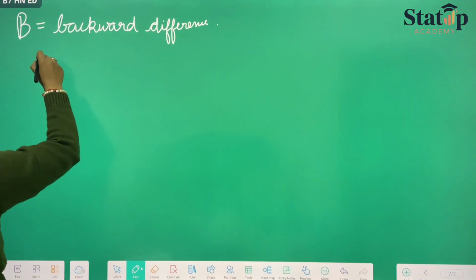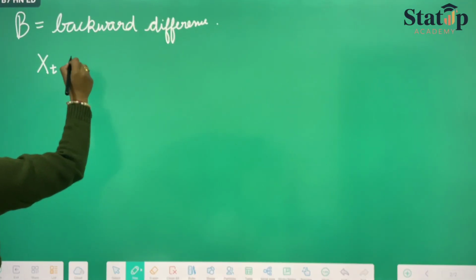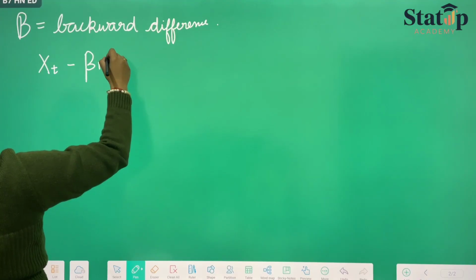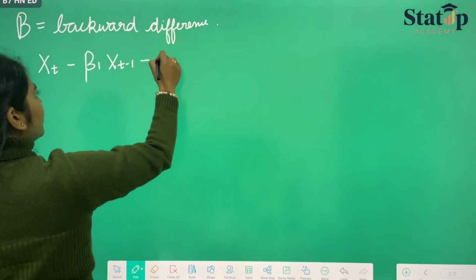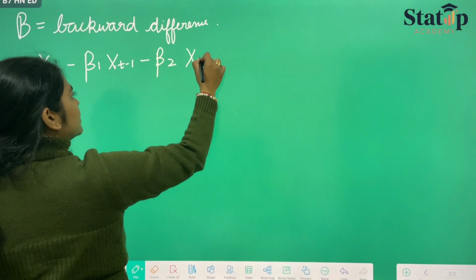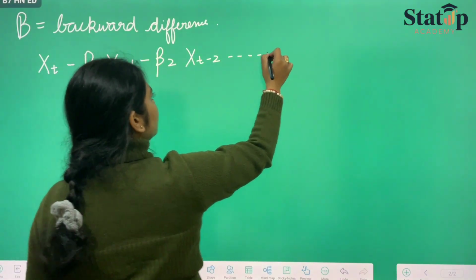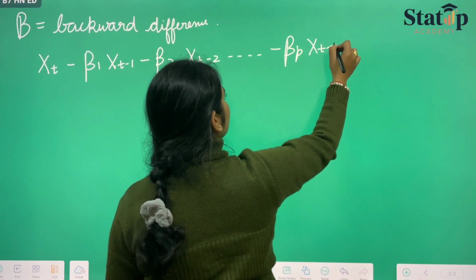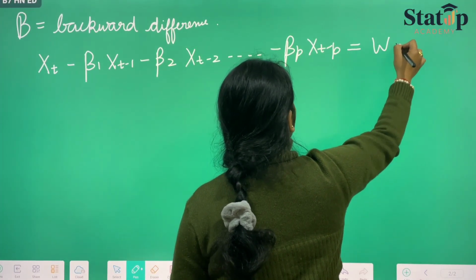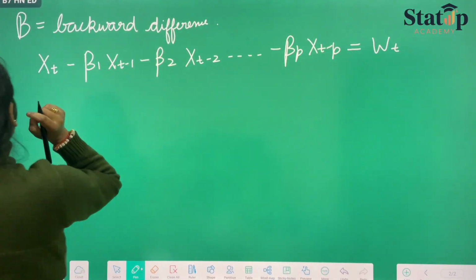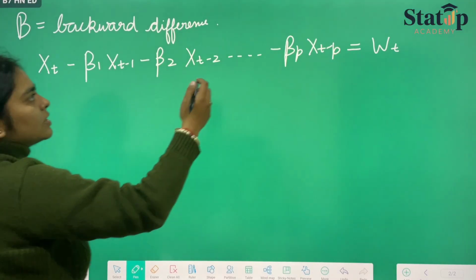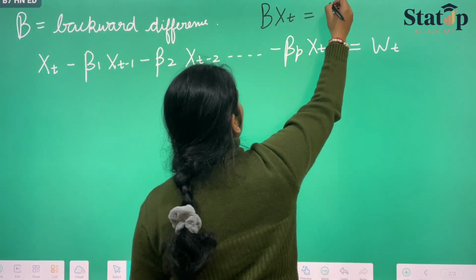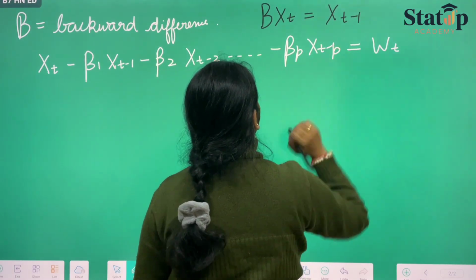So taking all the terms relating to xt on the left hand side: xt minus beta 1 x t minus 1 minus beta 2 x t minus 2 up till minus beta p x t minus p is equal to white noise. Backward difference is nothing but, if I take the backward difference of xt, then this is x t minus 1.